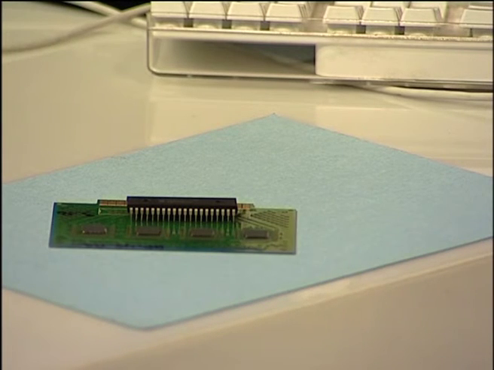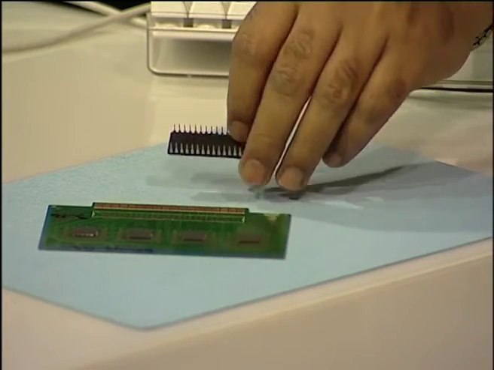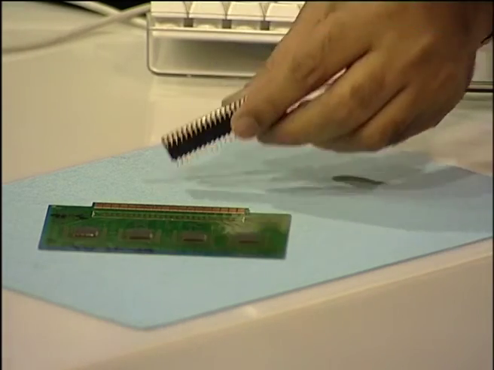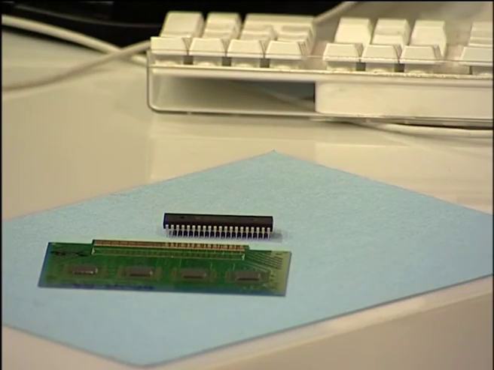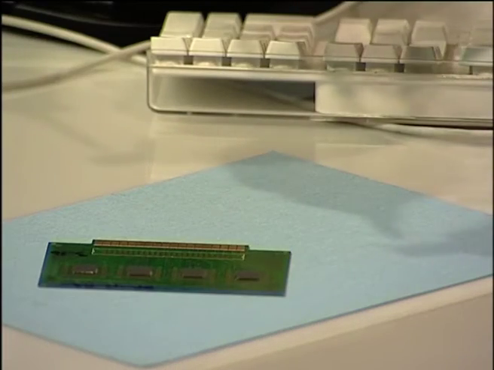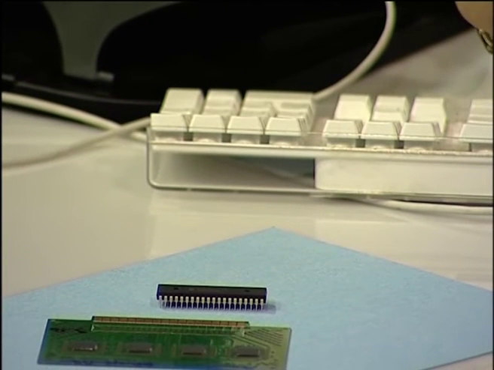In that you have dual inline package, and what you are seeing here exactly is a dual inline package because you have two rows of pins. Then you have packages which are shrink. You see there is a definite height for these pins. In shrink packages, this height will be reduced. So, those are called shrink dual inline packages.